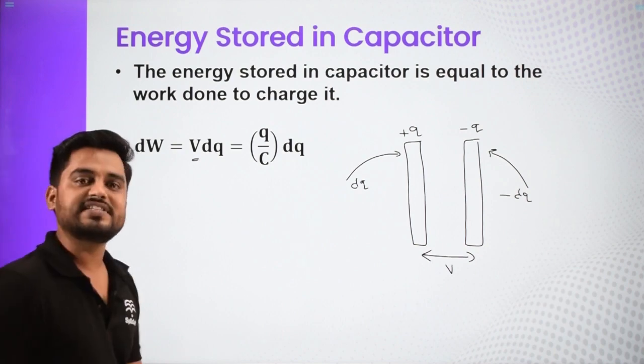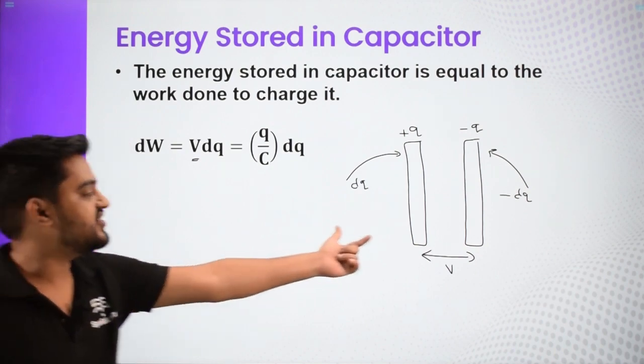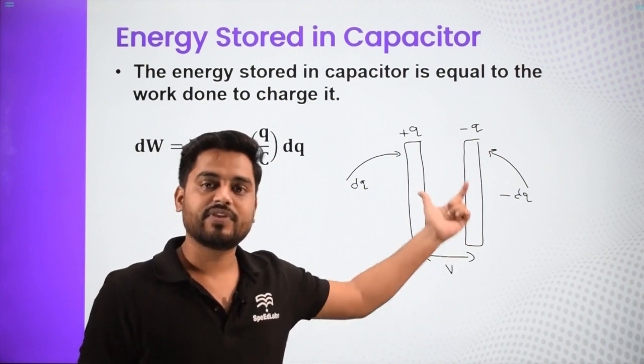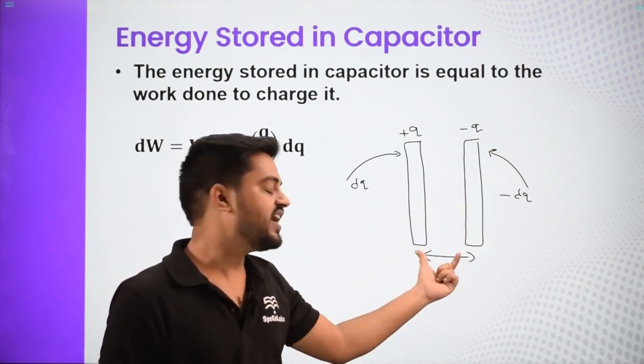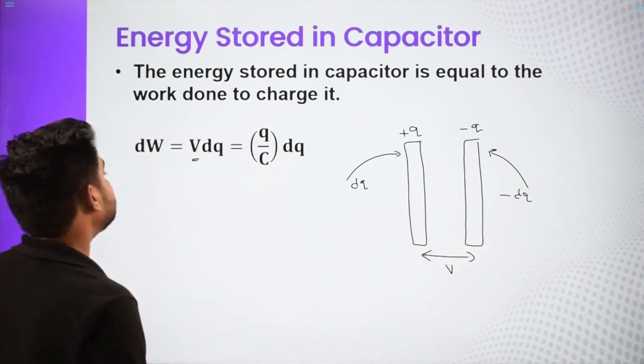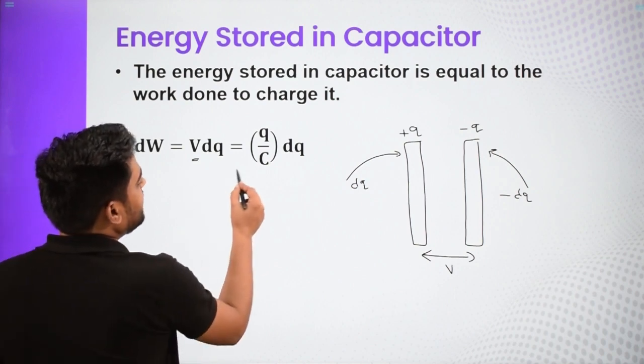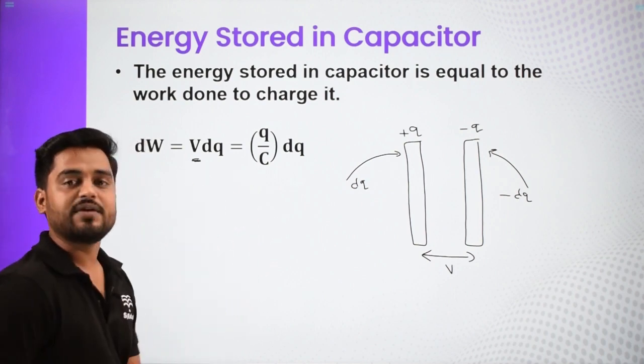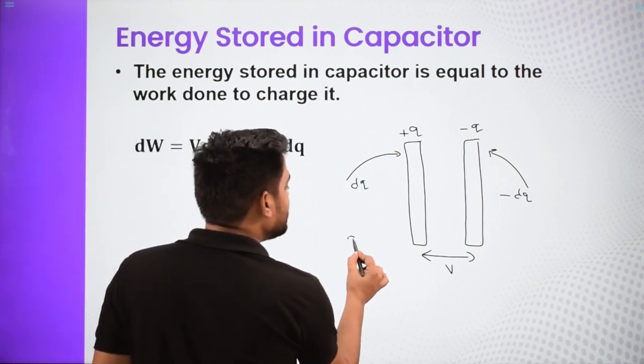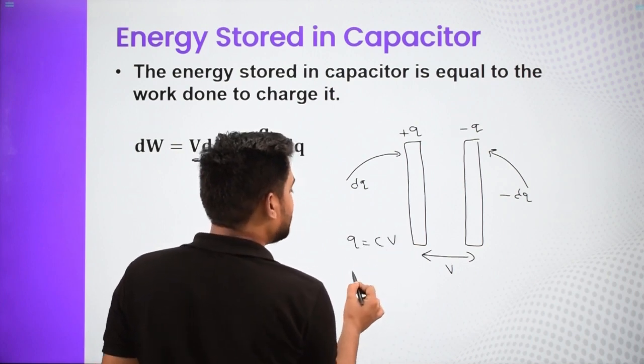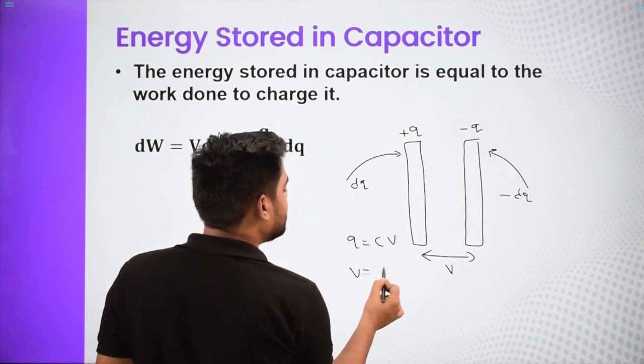Generally it is Q times delta V, but here the charge is changing and we are keeping the potential the same. We are just giving the charge while maintaining this potential. So it is basically V times dq, and what is V? Since Q is equal to CV, V is nothing but Q by C.